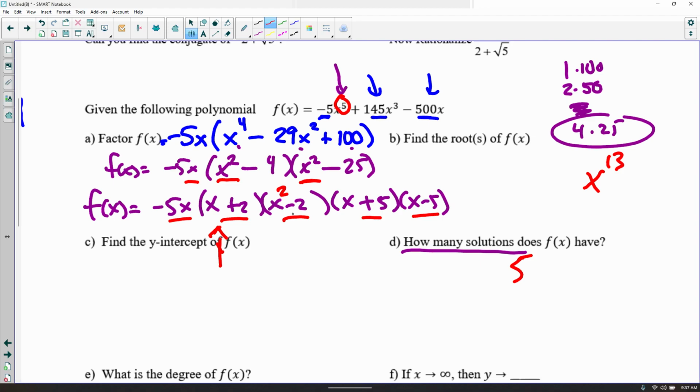If I had x squared minus 2, we couldn't factor it over the rationals, that would be irrational, though we could factor under irrational numbers. In that case, there is the quadratic formula for those. Some of them end up being imaginary. So depending on your power up here, it tells you how many solutions you have. Make sure you understand that.